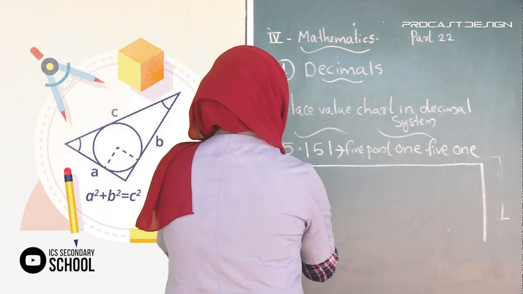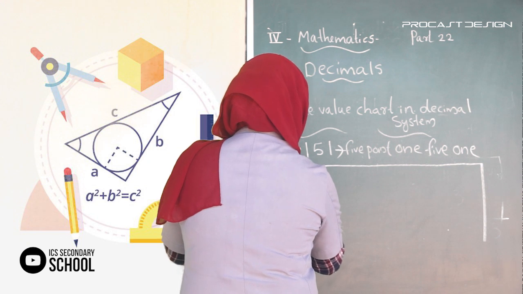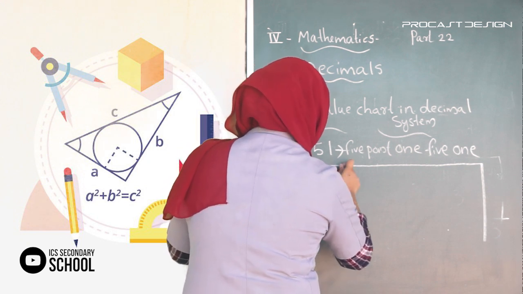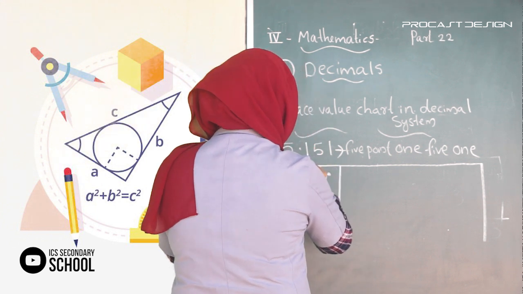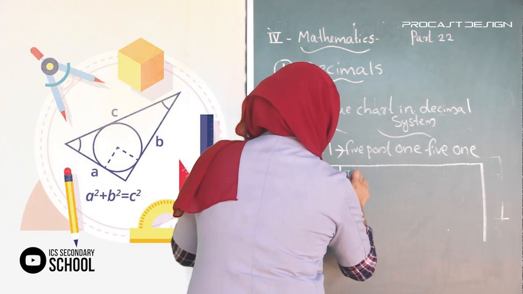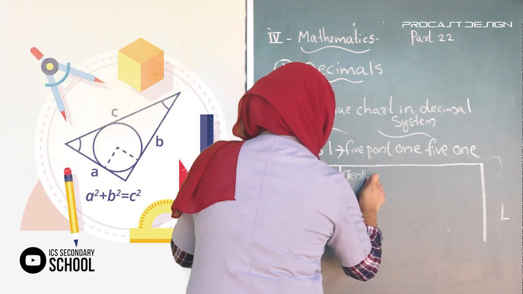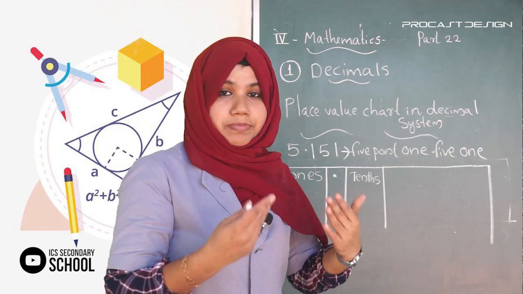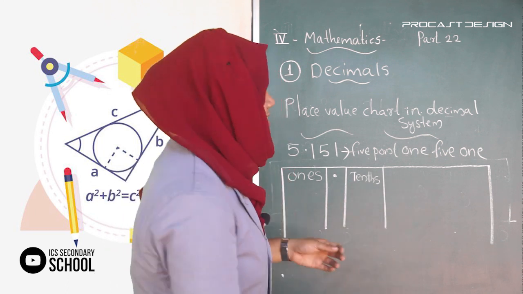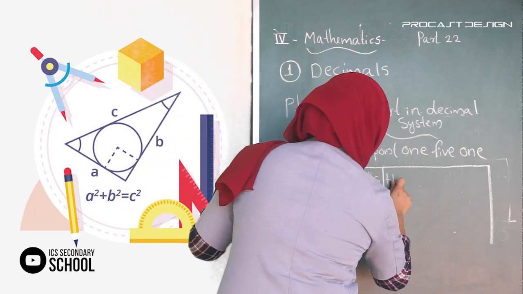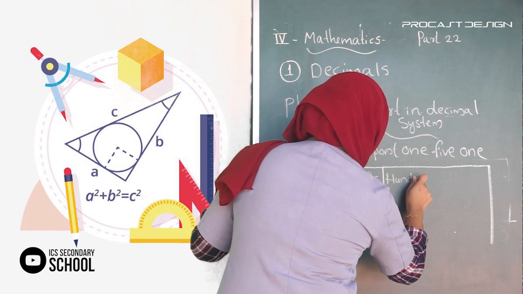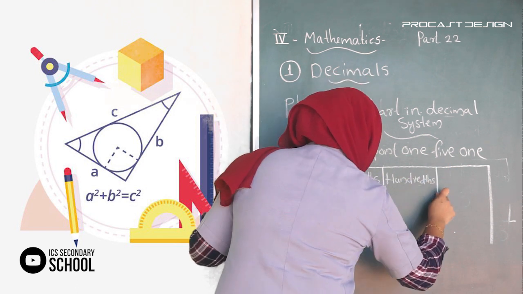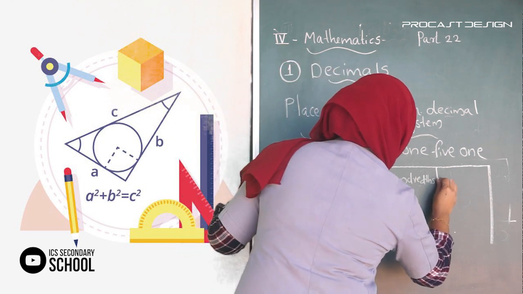So ones place, next is point, decimal point. Next, which place is it? Yes, it is tenths place. So after the decimal point, the place is tenths. Then hundredths. Next is, yes, thousandths.